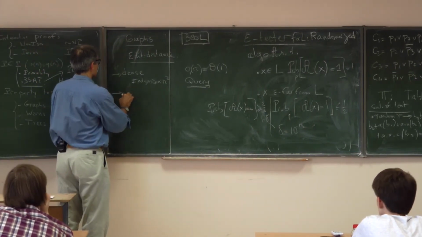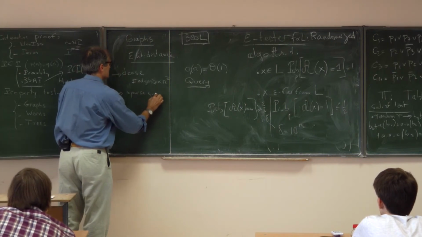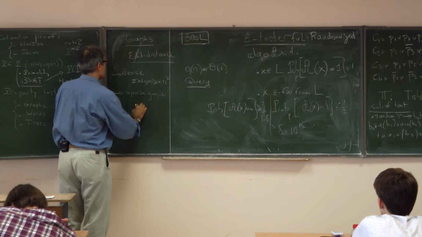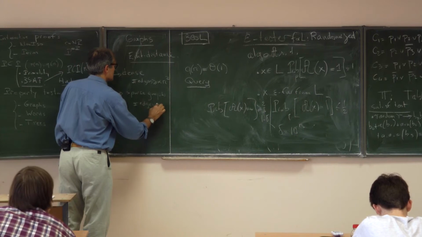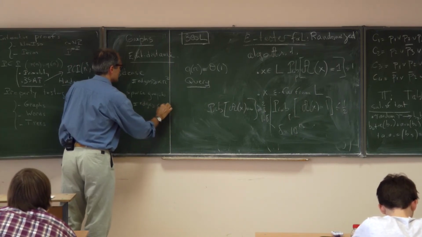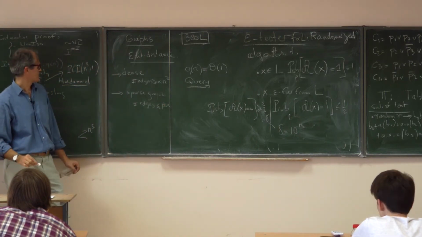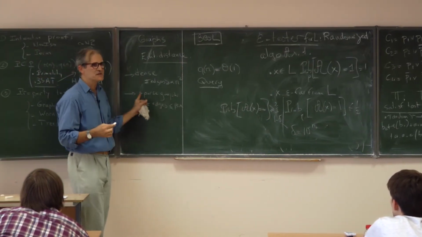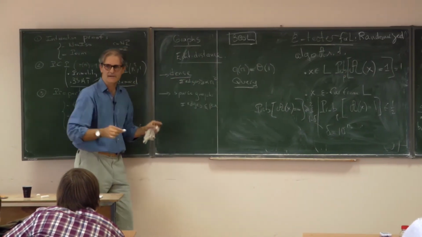And sparse graphs, where the number of edges is less than, say, beta times n. You may find other definitions of sparse graphs, but for dense graphs, everybody agrees.